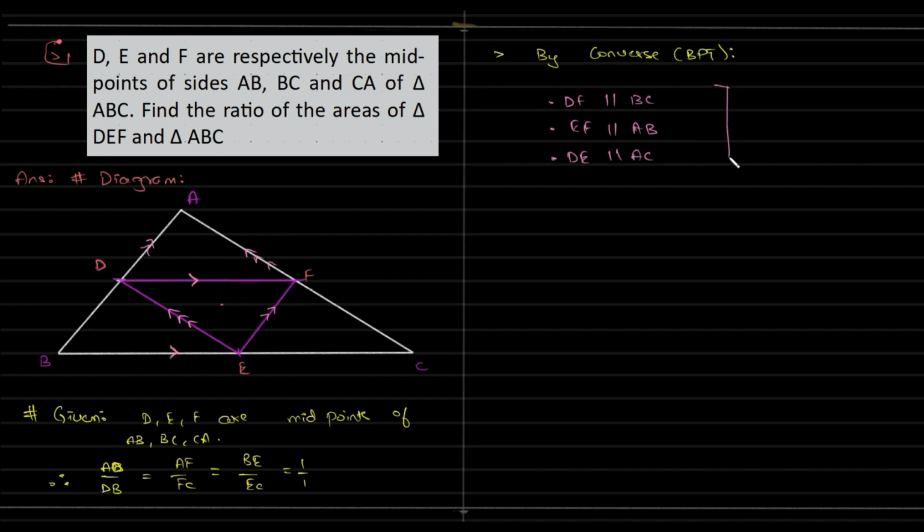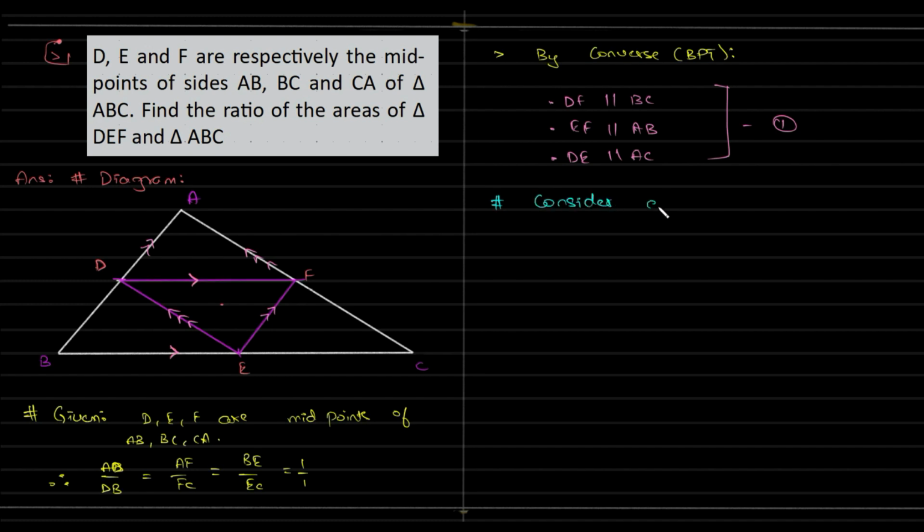And this entire thing is marked as 1. Right? And now, since they are parallel, so see, this is a quadrilateral. Since the quadrilateral has opposite sides parallel, what does it help us?